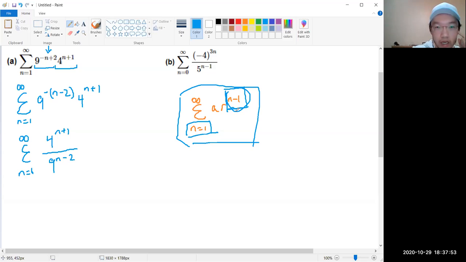So is there a way we can make the exponent n minus 1 without shifting the index? Factor out a 4. How so?